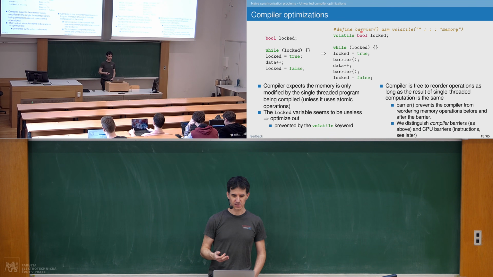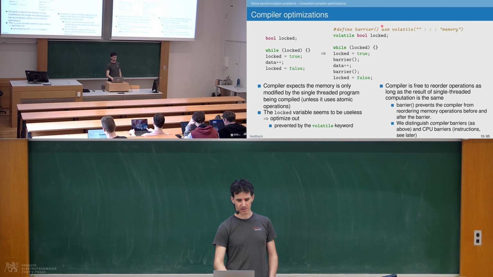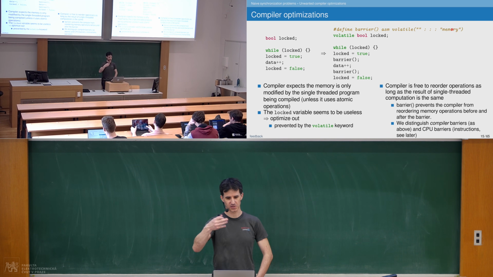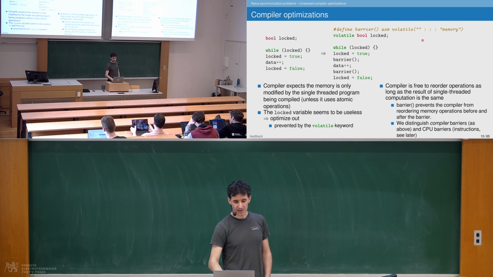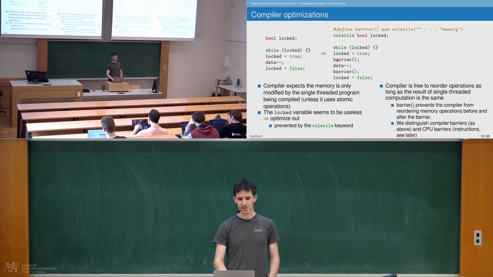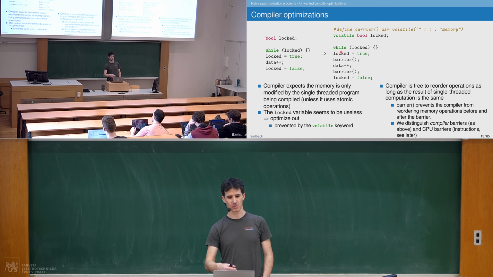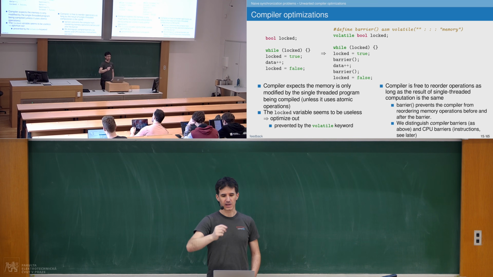In case of GCC, this compiler barrier is implemented as a volatile assembly statement with no instruction, but with a memory ordering specification. So this is just a trick for how to implement this barrier. The barrier means it prevents the compiler from moving memory operations from before that barrier to after it, and vice versa.